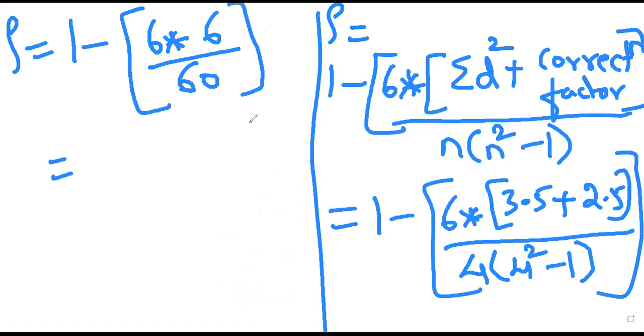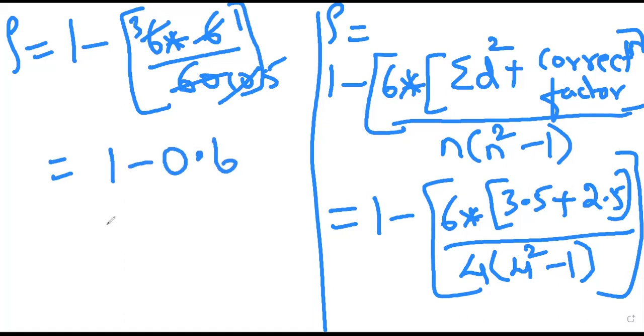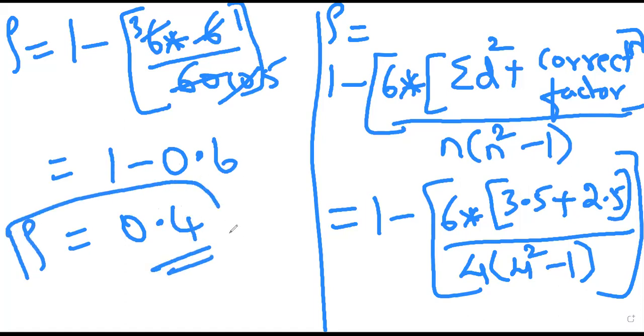How much is this? 0.6. 0.6, because 6 will be this, correct? So the final answer is 0.4. Yes, correct.